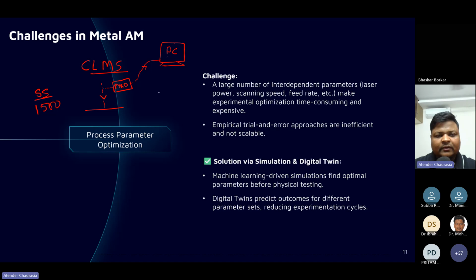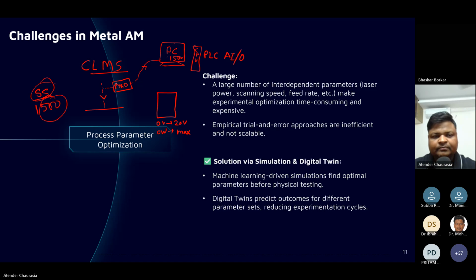So what happens? Then the system has a PLC, because the laser takes a signal. If you send 0, and if you send signal max. So what I do is I will set it well. I will set initial, let's say on PC one, and a certain speed.